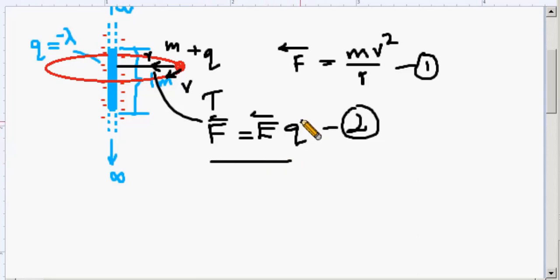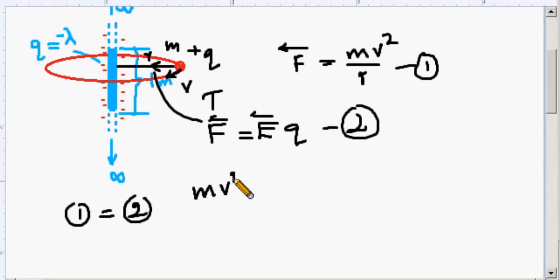It supplies the amount needed by equation 1. So we can equate equation 1 and equation 2: mv squared divided by r equals EQ.